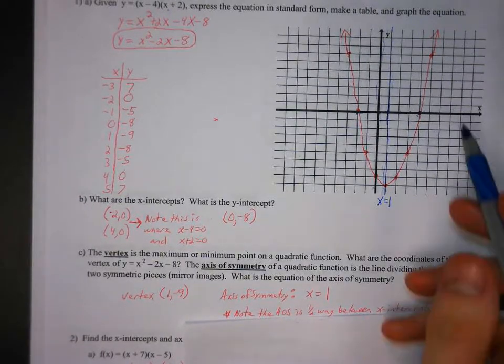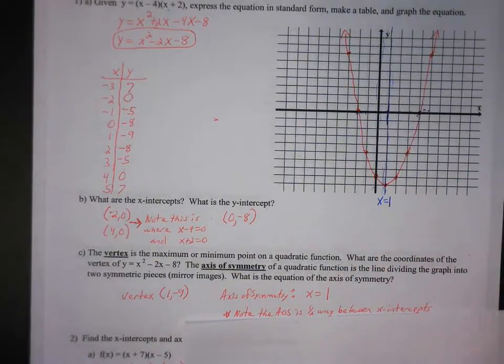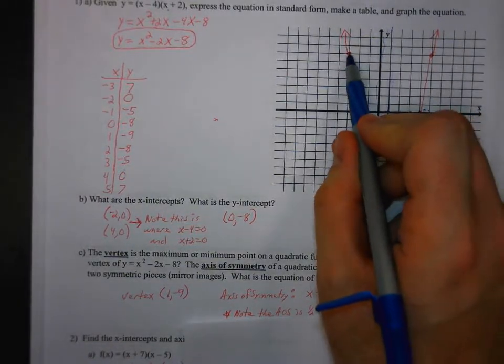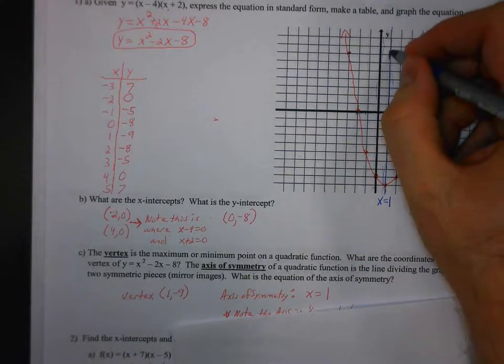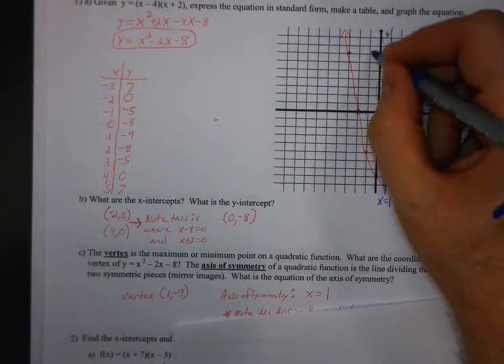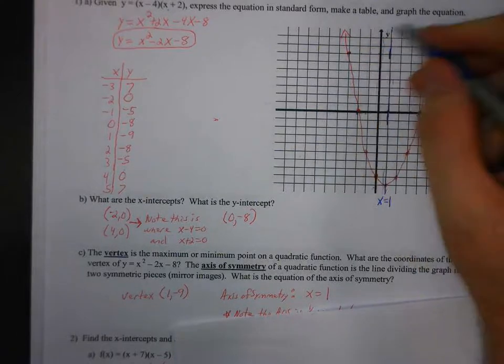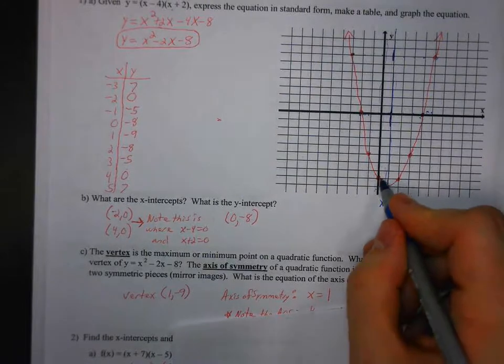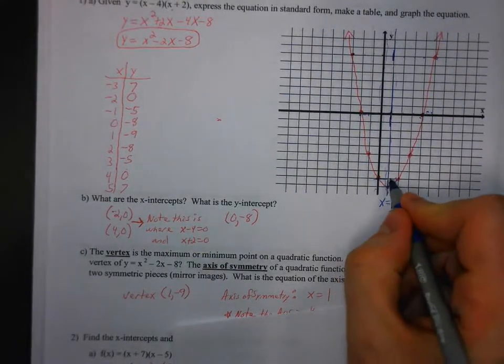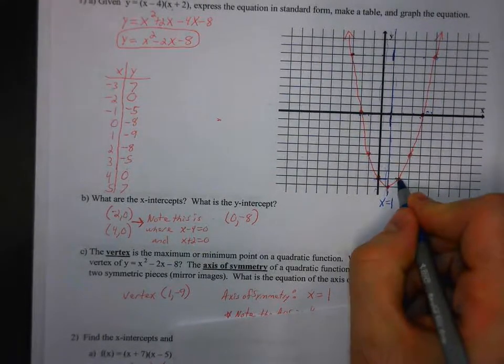Now I say it's halfway between the x-intercepts, but it's really true for any two symmetric points. If we took these two points right here, halfway between them is right here, because it's 1, 2, 3, 4 away from this point, and 1, 2, 3, 4 away from this point. If you look at the two points down here, it's only 1 away from each of those points.